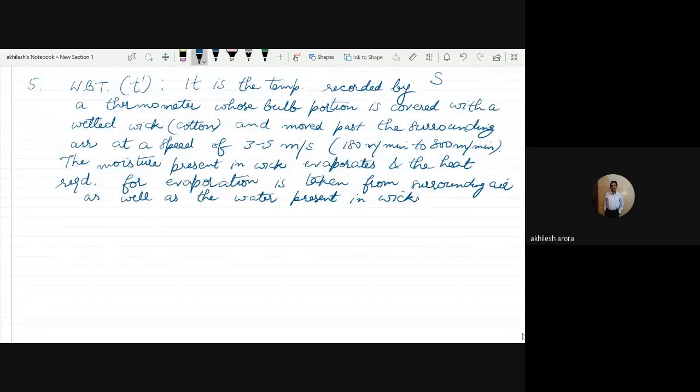Okay, so it means the moisture present in wick evaporates and the heat required for evaporation is taken from the surrounding air as well as the water present in the wick.